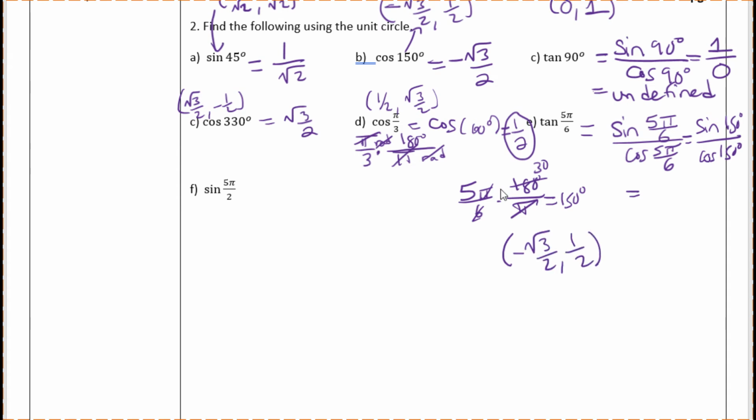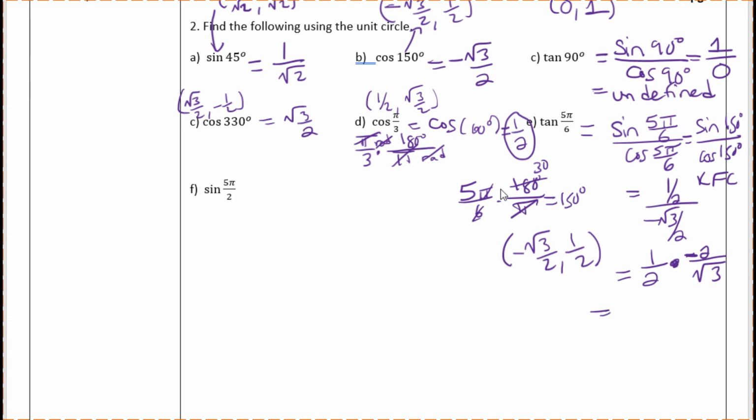The sine is the y-coordinate, so 1/2. And cosine of 150 is the x-coordinate. Remember, you're dividing two fractions. When you divide two fractions, you're going to do KFC: keep this 1/2, flip the second fraction on the bottom, and then change to multiplication.